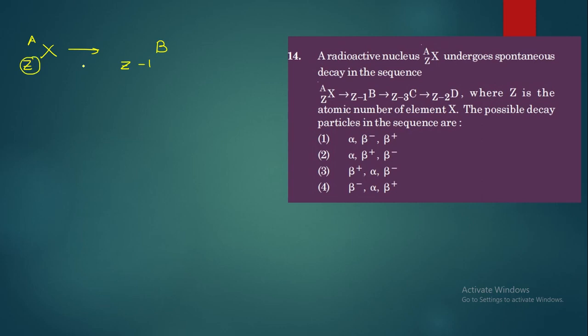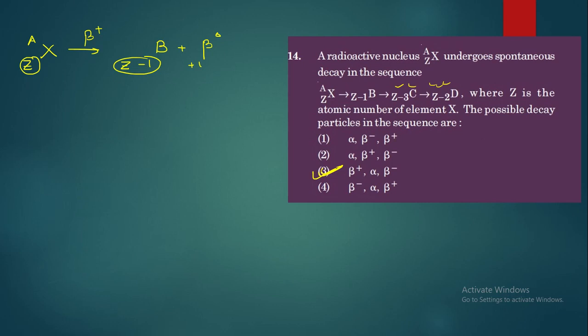Since here we have Z, here we have Z minus 1, in this reaction there must be a plus 1 charge that is emitted. Therefore, in this reaction beta plus will be emitted, and we do not have to check all the reactions, because option 3 mentions beta plus at the first place. So that's the correct answer.